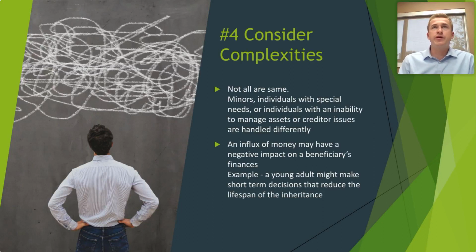But when we're working with families who might have a beneficiary that has special needs, a lot of times they'll establish a supplemental needs trust or something along those lines, which is a document that sets in place exactly how assets are to be transferred to the beneficiary with special needs. There's a little bit more control over how that happens, which makes sense and is often required for minors or people with special needs. The other thing is, an influx of money can have a negative impact on a beneficiary's finances.